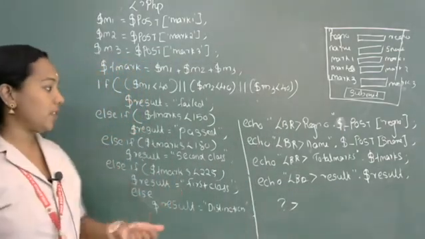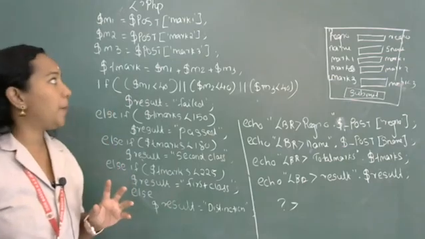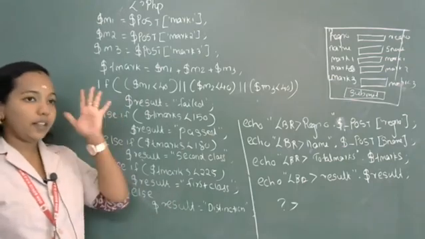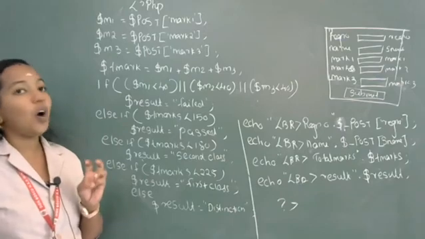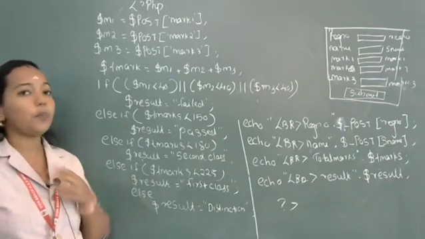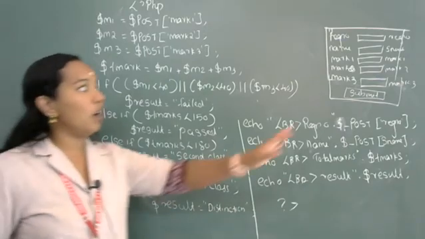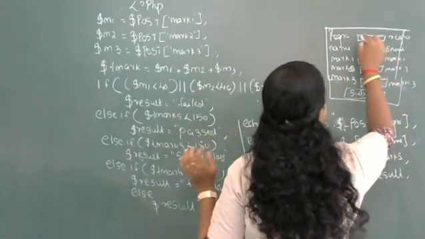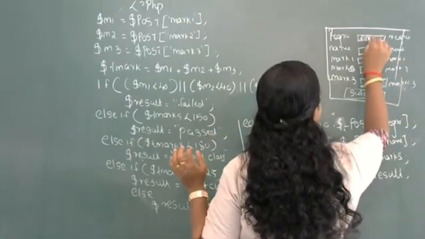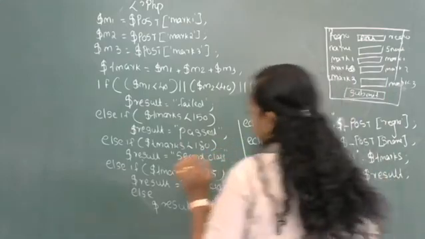Okay, so this is the PHP program. So we will start with the first statement. $M1 is equal to $_POST of mark 1. Then I already mentioned, here I am going to type the name. Name of the student is Anu.